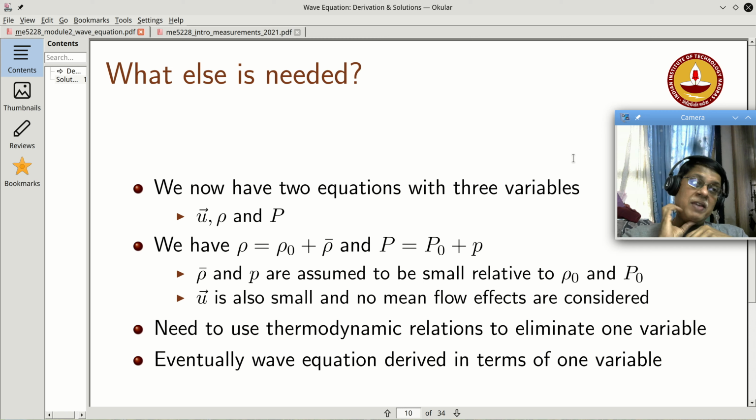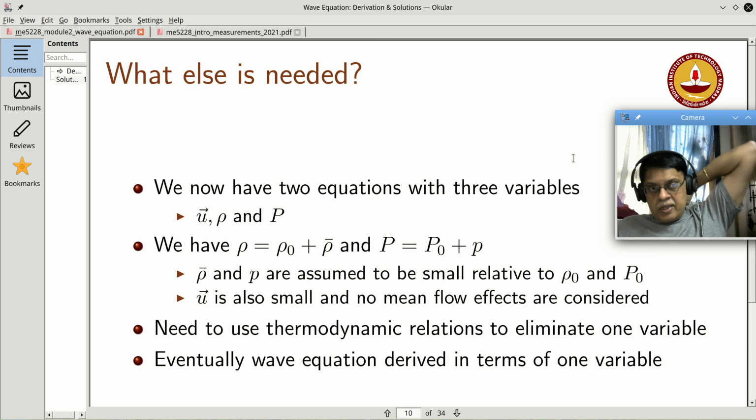Remember, in the wave equation derivation we assumed the quantities were small. So rho bar in relation to rho naught is small, and small p in relation to P naught is small. The particle velocity vector u amplitude is also assumed small, and we are not going to consider mean flow effects. So these are small perturbations.